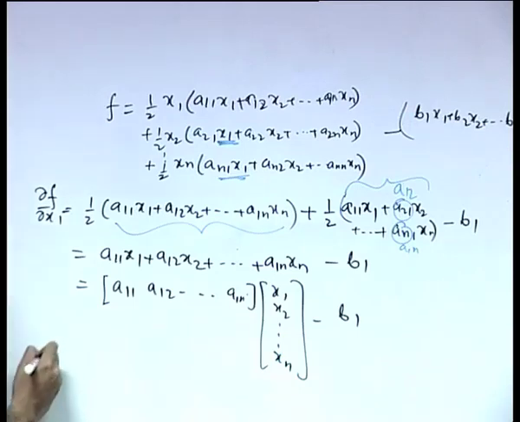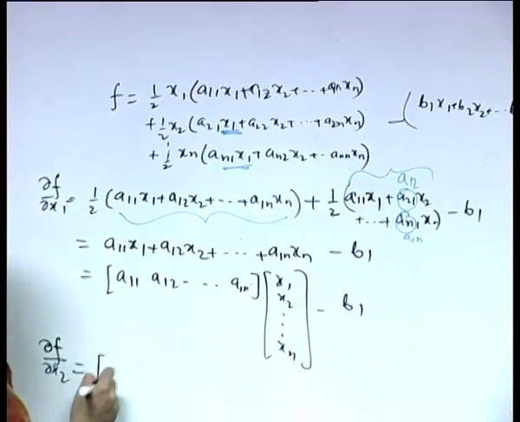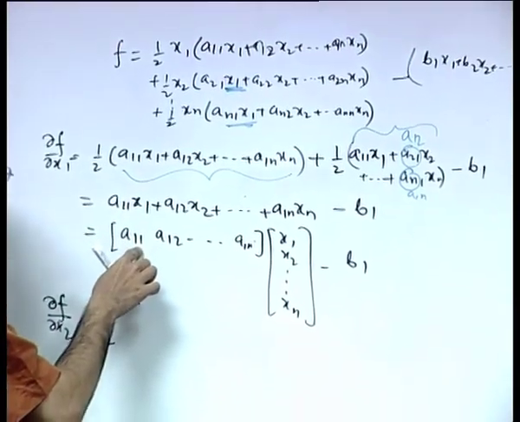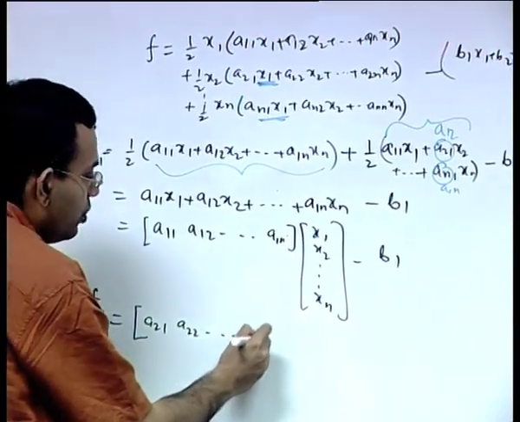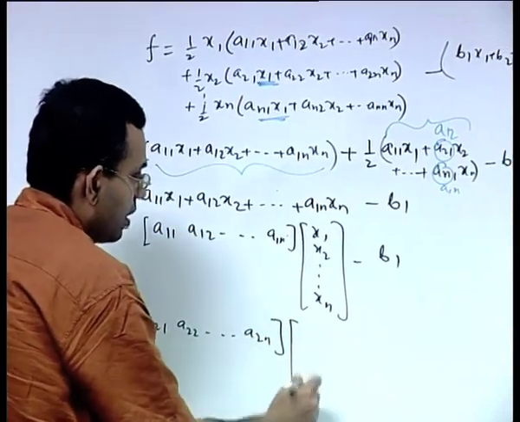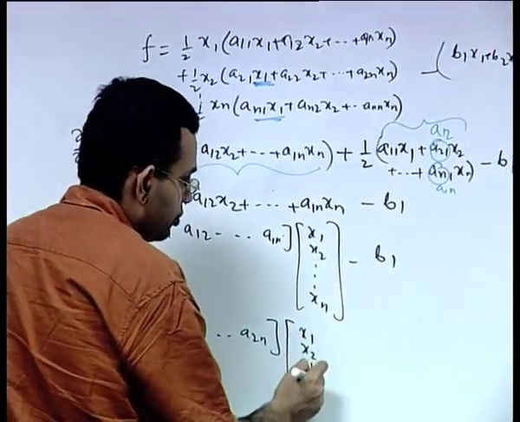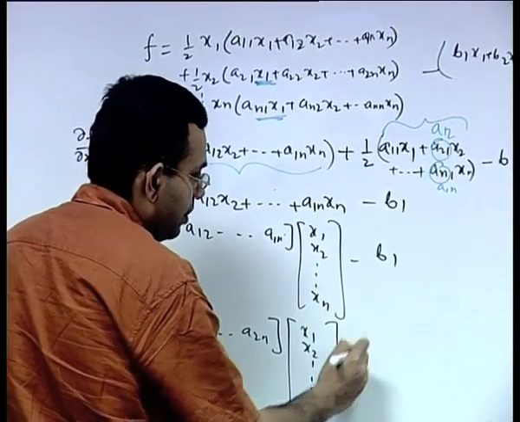Similarly, what will be del f del x2? Here in place of A11 it is A21 A22 in this way A2n, into x1 x2 up to xn minus B2.